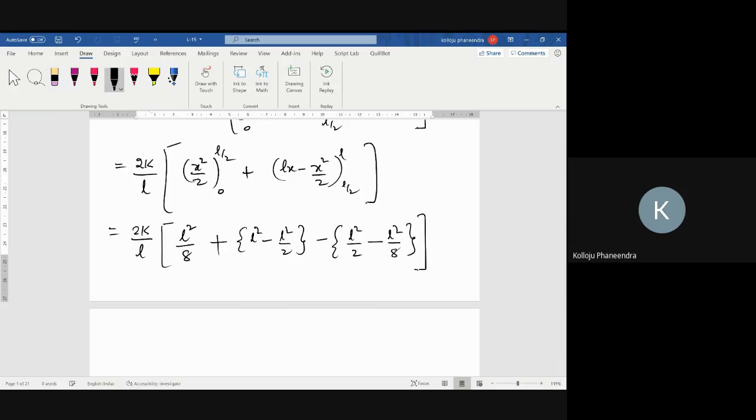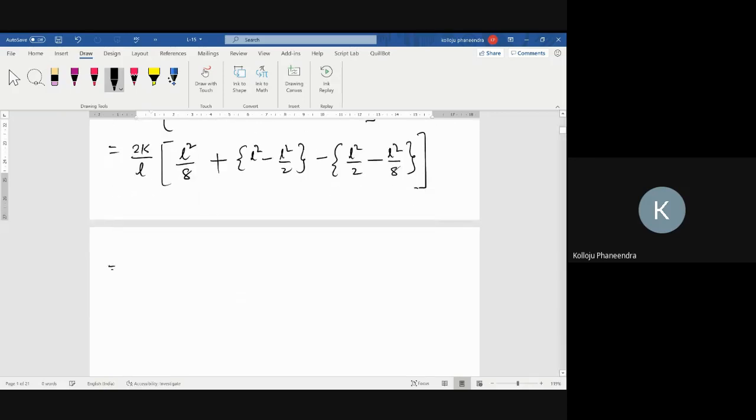That is equal to 2k by L, L square by 8 and L square by 2 minus L square by 8, that means 4 minus 1, 3L square by 8.